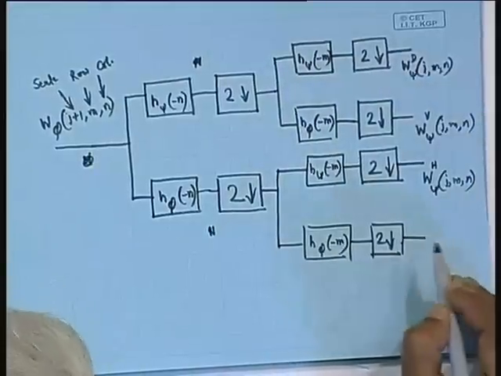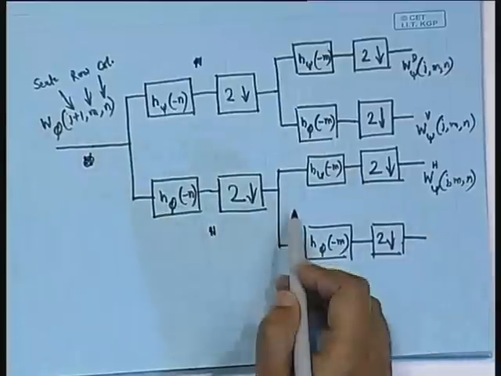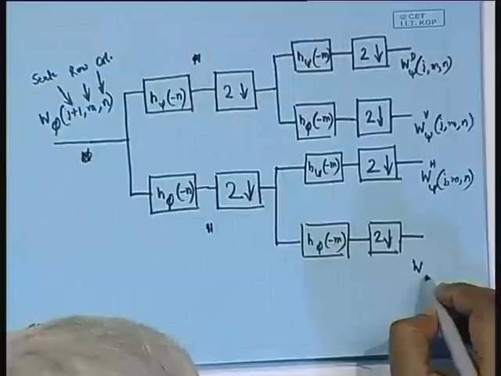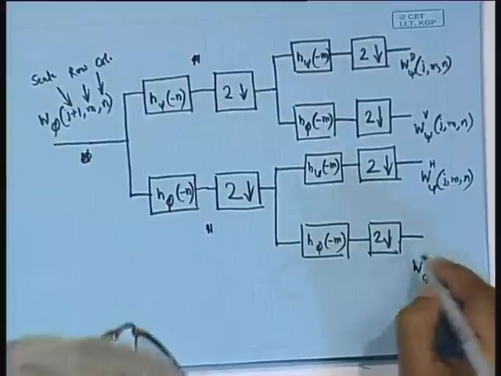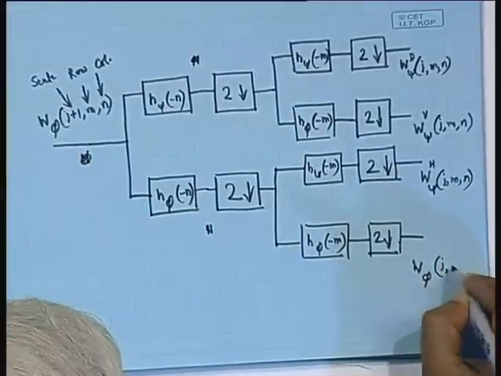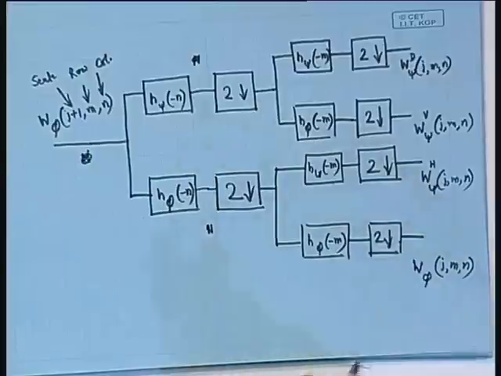and this one is going to be what? Low pass filtered along the columns, low pass filtered along the rows. So, this is the LL subband, or rather we are not going to call it W psi, we are going to call it W phi j m n.